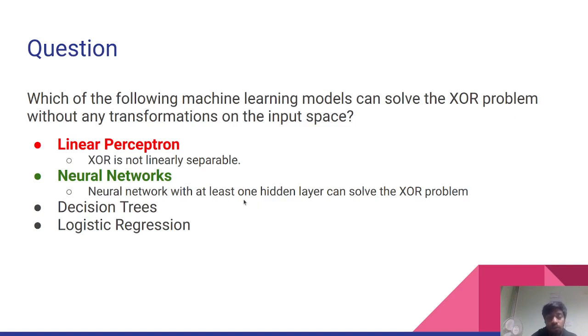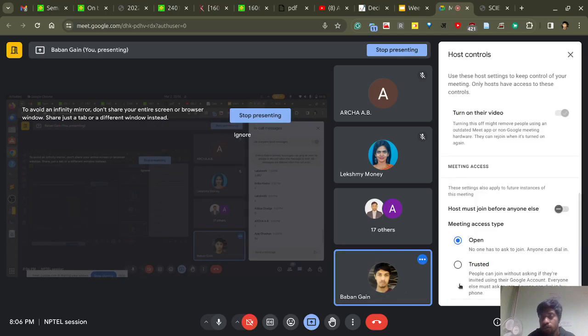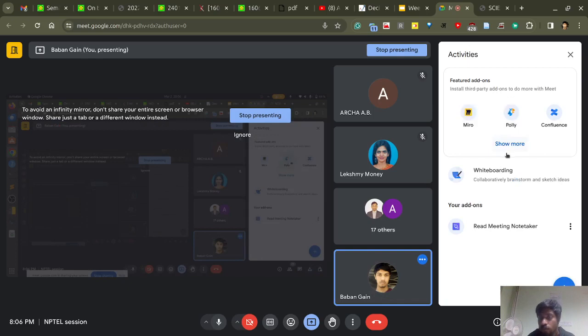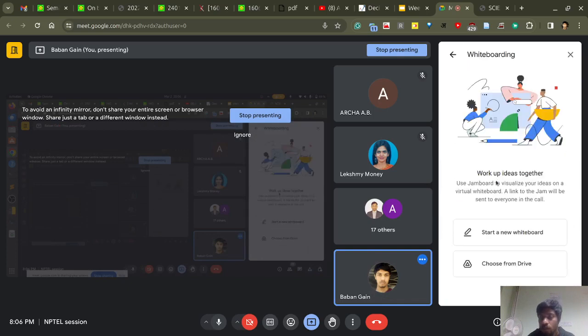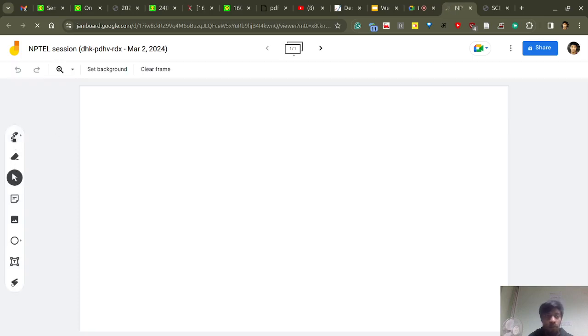Okay. So suppose let me just draw a diagram. I have drawn this diagram earlier also.